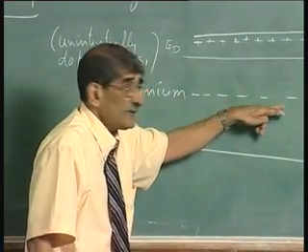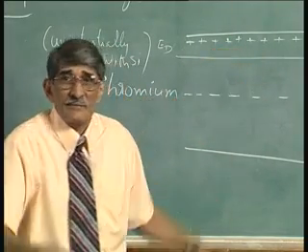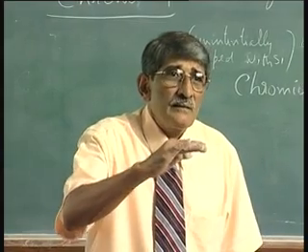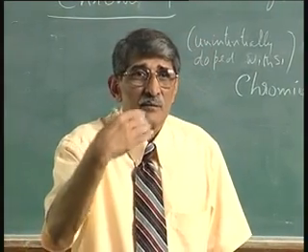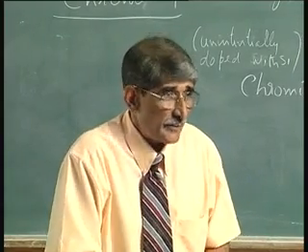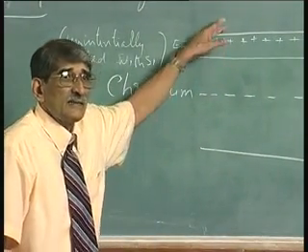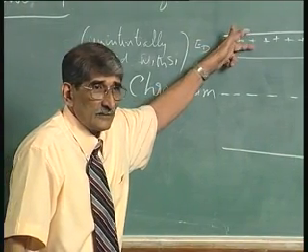As I keep on adding this, the Fermi level is above the acceptor level. The concept of Fermi level is that all the levels below it are mostly occupied, all the levels above it are mostly unoccupied. Unoccupied means what? It has given an electron, donated, so that level is unoccupied. Okay, that is the meaning of that.